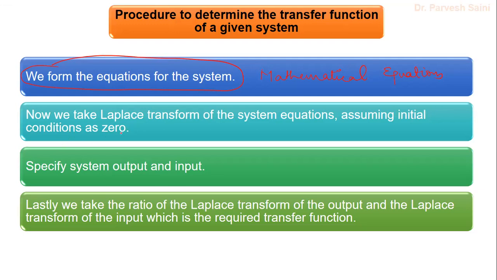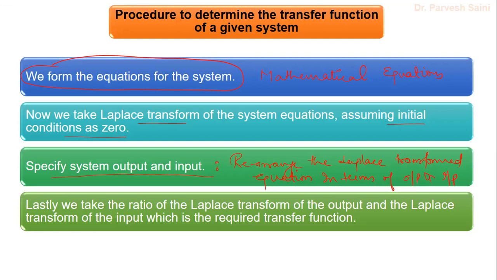And thereafter, once we have applied Laplace transform and we have put all the initial conditions as 0, then we specify the output and input. Now we rearrange the equations. Okay, so what does it mean? It means that we rearrange the Laplace transformed equation in terms of output and input.